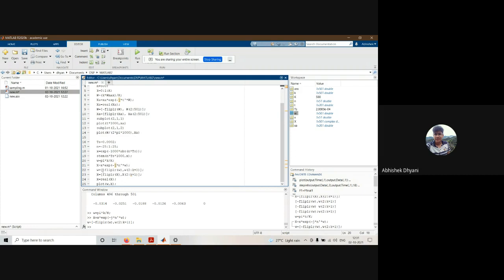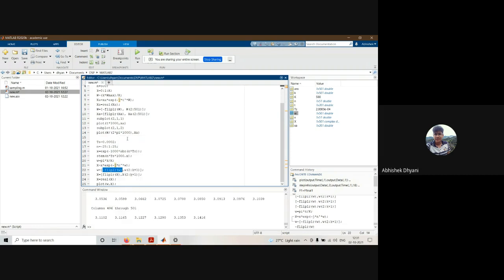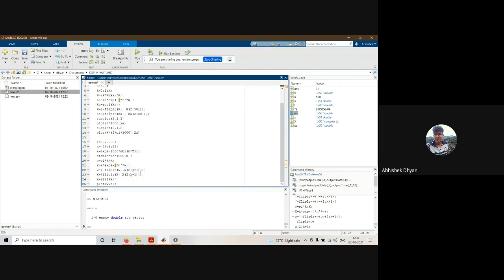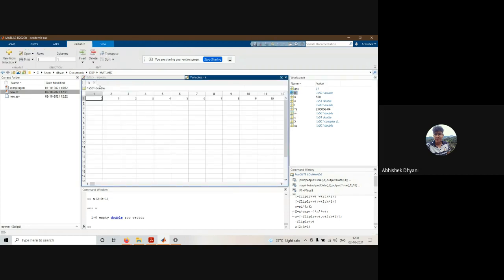Well, this should not have happened because omega is from, so this part is 1 cross 501 and this part is empty, which it should not have been. Okay, I guess I need to define k once again, but k is fine.